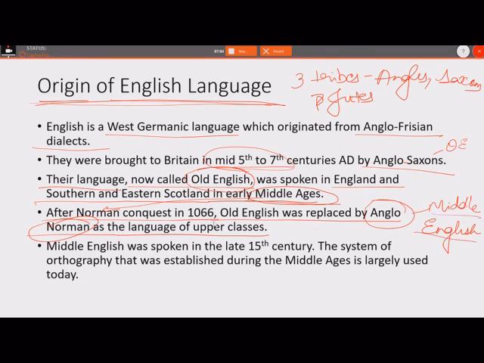This was developed in 1066, and we see the effect of Middle English brilliantly in the 15th century during the age of Shakespeare, or the Elizabethan age.